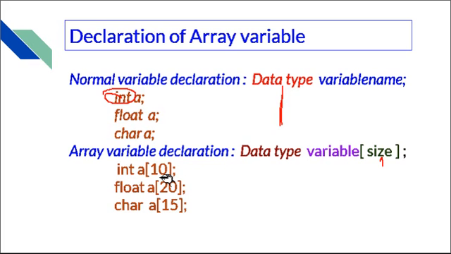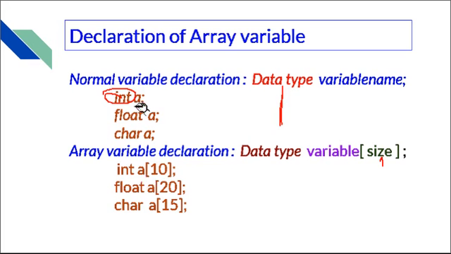Here it is 10, meaning the array variable A is capable of holding 10 integer elements at a time.